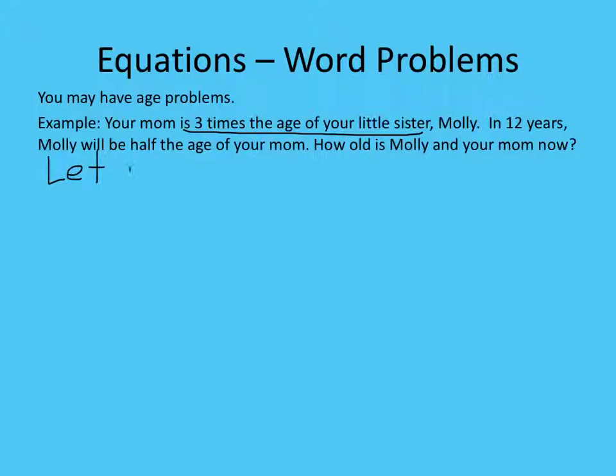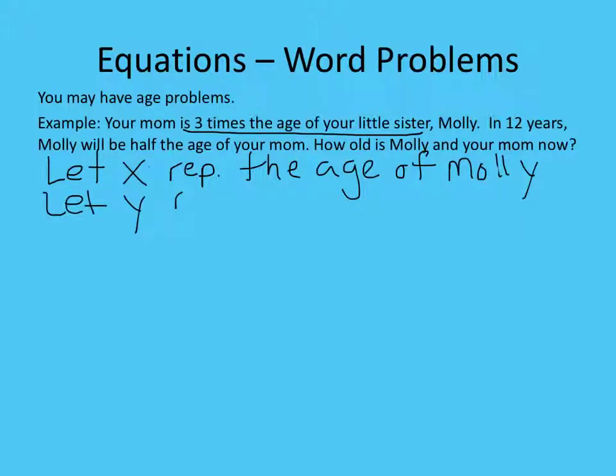So how about let's not use m because that could get confusing. Let x represent the age of Molly. Let y represent the mom's age. So your mom is 3 times the age of your little sister.